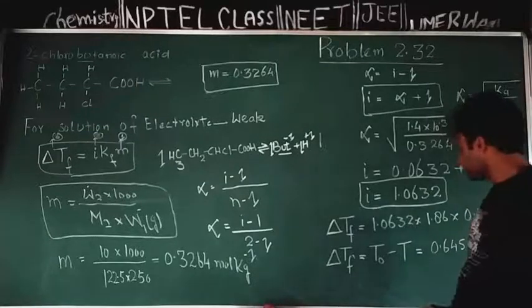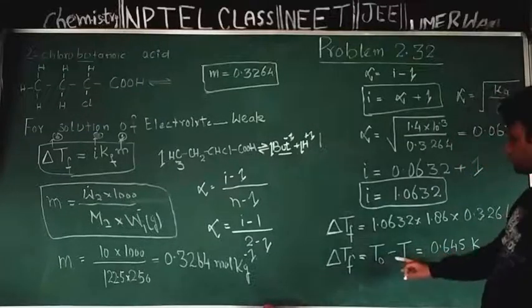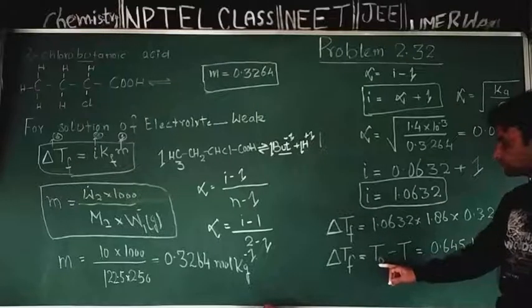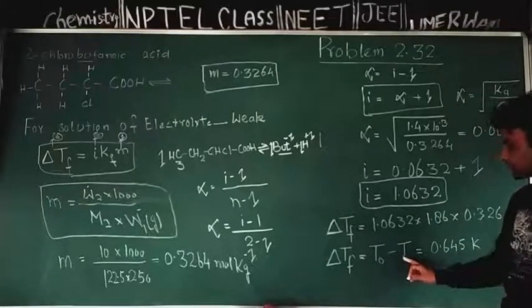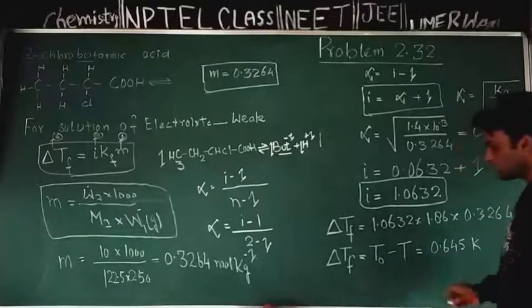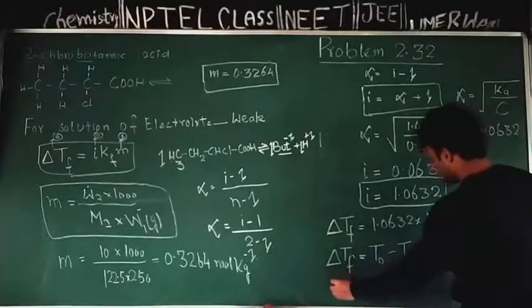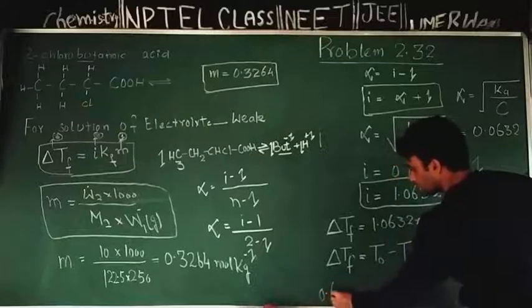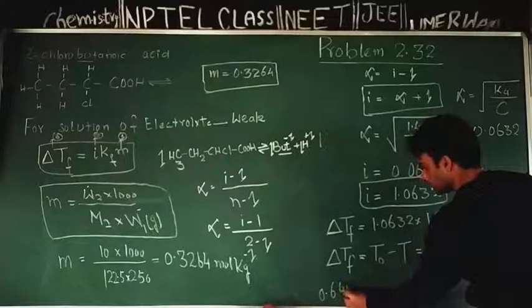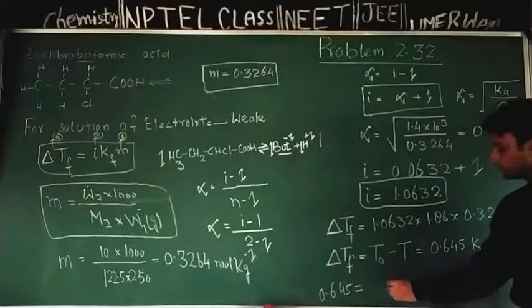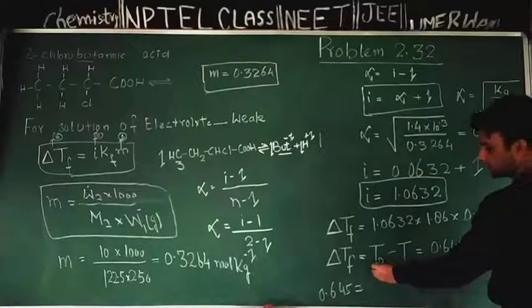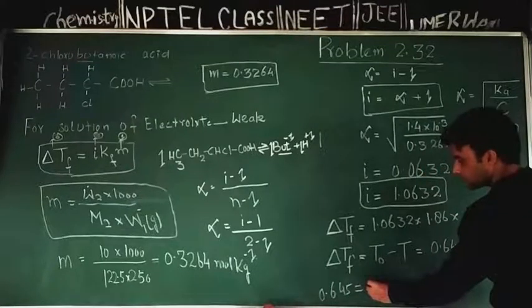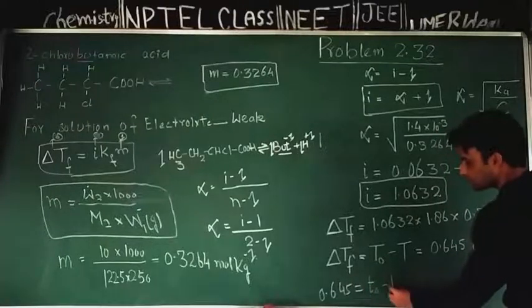So I may write, if I need to calculate freezing point of solution, delta Tf, depression in freezing point, is equal to 0.645 is equal to, in degree Celsius I will substitute the value t naught minus t.